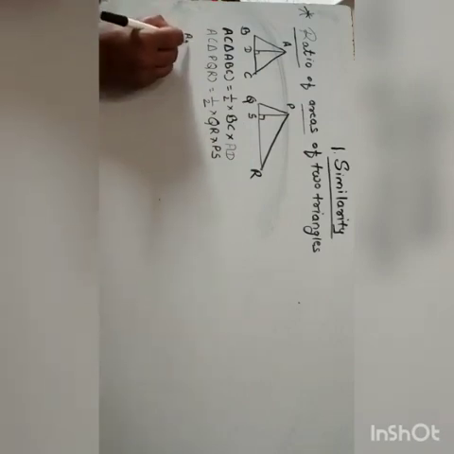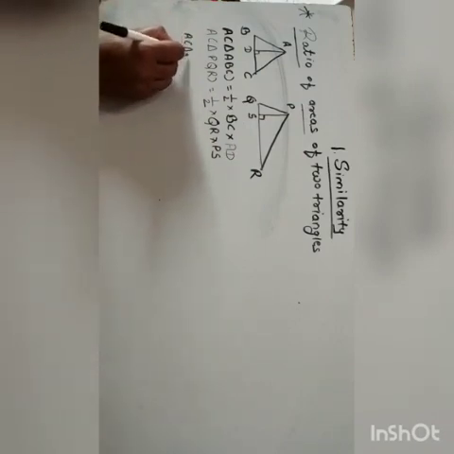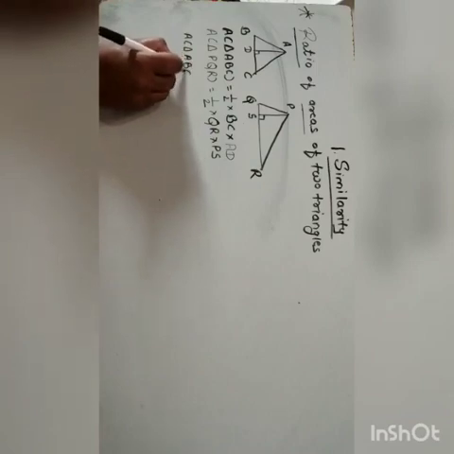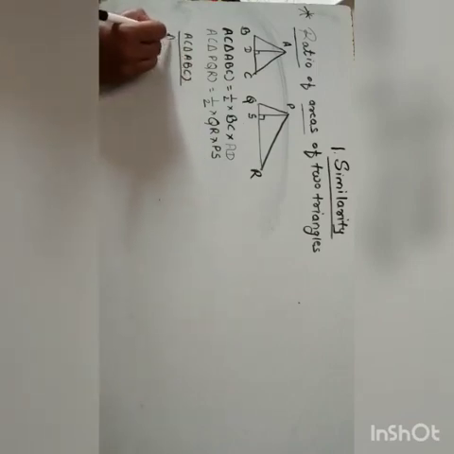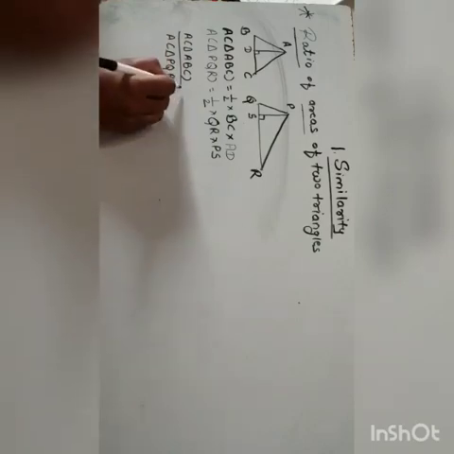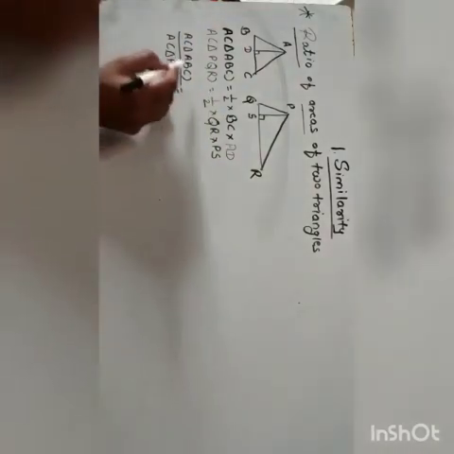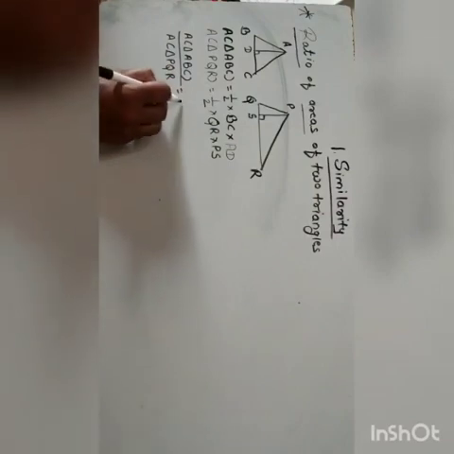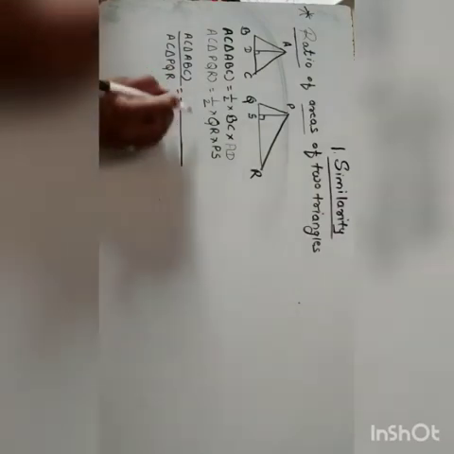As we know, area of triangle ABC upon area of triangle PQR is equal to the ratio of their bases and heights also.